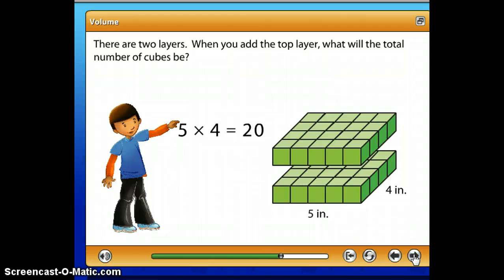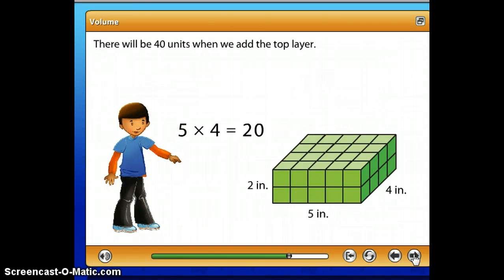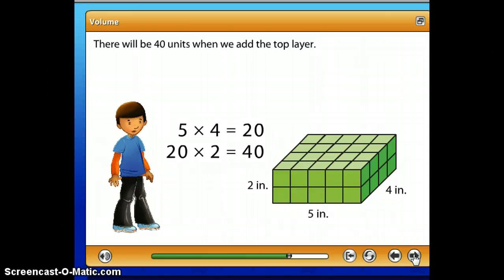There are 2 layers. When you add the top layer, what will the total number of cubes be? The top layer would also be 20. There will be 40 units when we add the top layer. 20 cubes times 2 layers equals 40 cubic units.